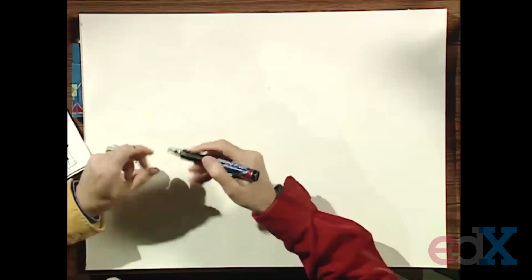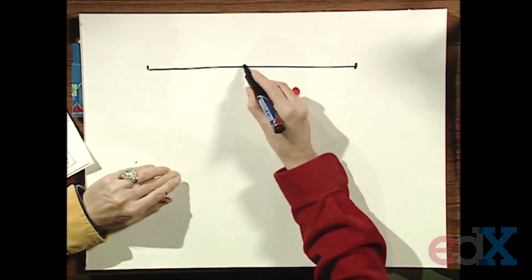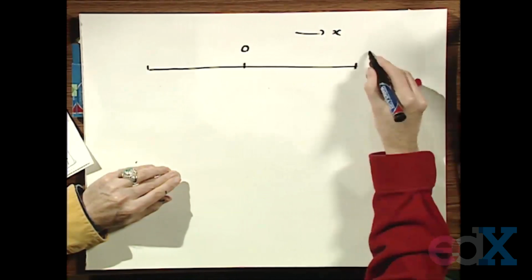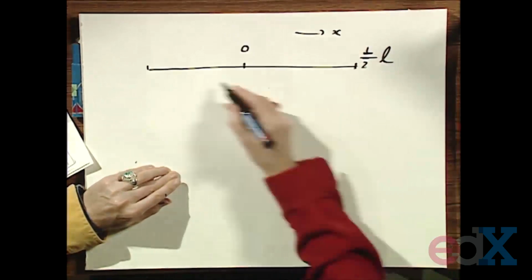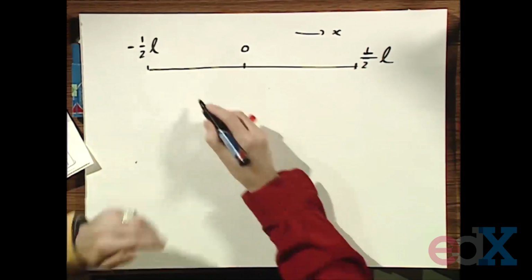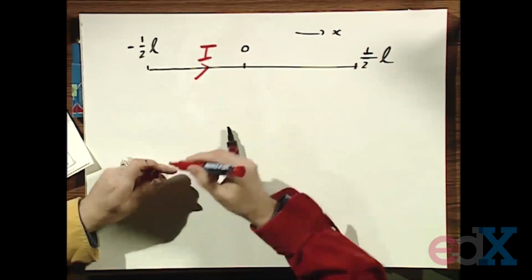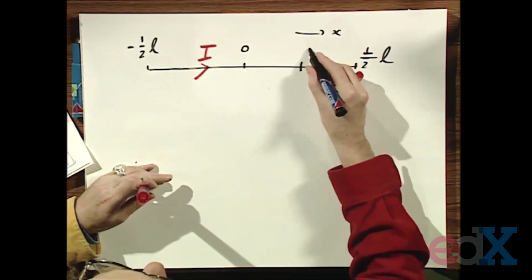It does happen. Okay, so I'm going to set it up for you in general terms, and then you work out the details with the particular geometry. If I have here a wire which has a finite length L, I call this the x direction. Here is 0, here is 1/2 L, and here is minus 1/2 L. And there is a current flowing in this direction I, and I consider here a small element dx.